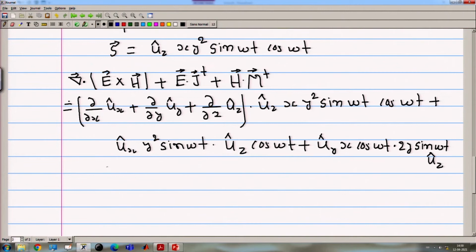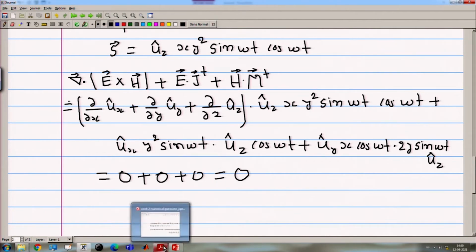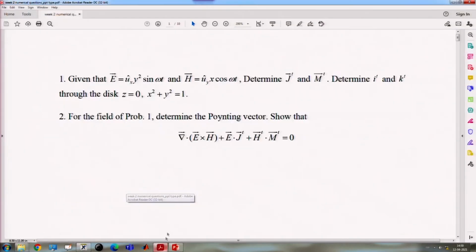So, the first case will be 0. For the second case, U x dot U z will again be 0, and in the third part U y dot U z will again be 0. So, we derived that the total will be 0. This is the solution for the second problem.